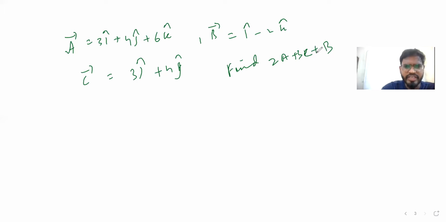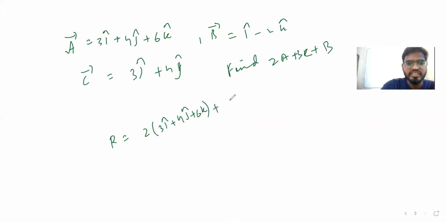Now we can do is what? 2a. So 2 you multiply, that resultant is what? Twice of a, 3 i cap 4 j cap plus of 6 k cap, right? Then what? 3c. If you multiply directly, we can multiply even, right? Why we will wait for just put and then multiply? So let's multiply directly. If you multiply with 2 guys, then it is 6 i cap plus what?